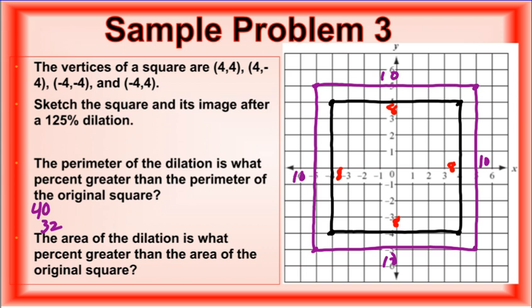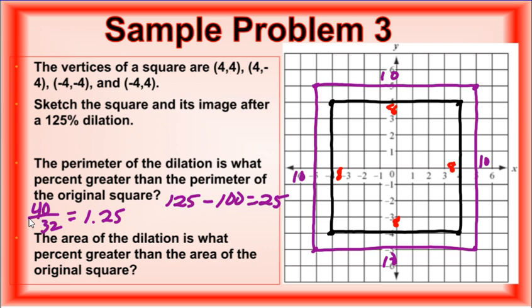If you took our 40 and our 32 and divided them, because larger to smaller, you would get 1.25. So the larger one is 125%. The smaller one was the original, which is always 100%. I subtract the two and you would get 25%. So we would say that it is 25% greater for the perimeter.